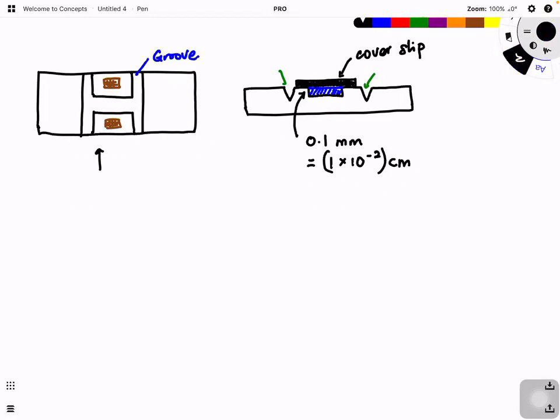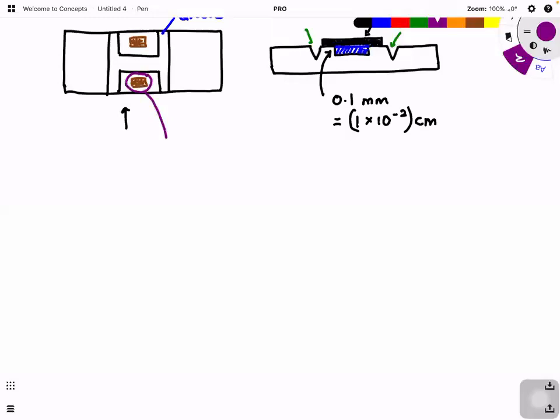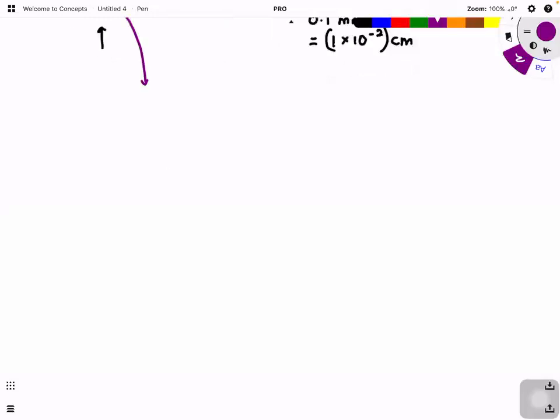Now the next thing we're going to do is zoom in here. What you can see here is 9 grids.